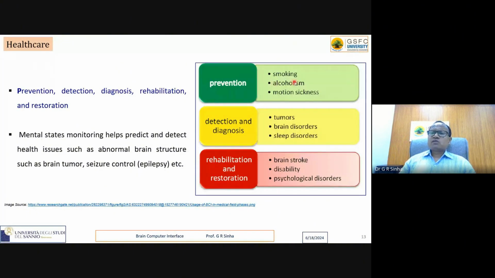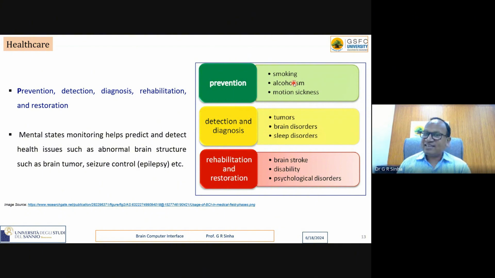I mean smoking, alcohol, motion sickness. You might be wondering, Professor, how does smoking matter here? How does alcoholism matter here? You can create awareness. You can capture brain signals of those who are alcoholic, chain smokers, and non-smokers.